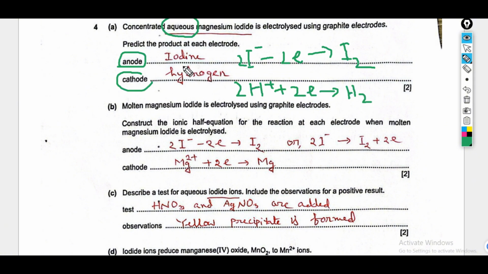At the cathode, the product will be hydrogen. At the anode, the product will be iodine.